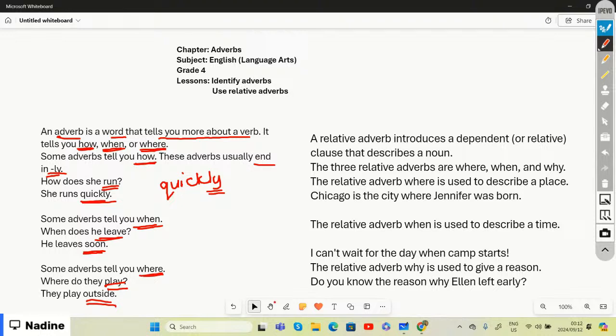Then we have adverbs that tell you when, like soon. And then we have adverbs that tell you where, like outside, or where something happens.